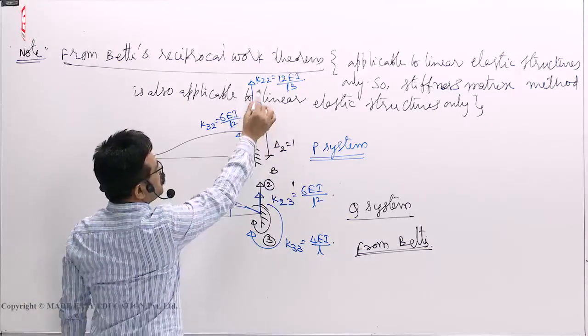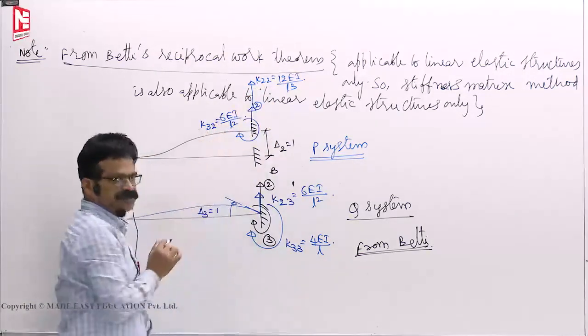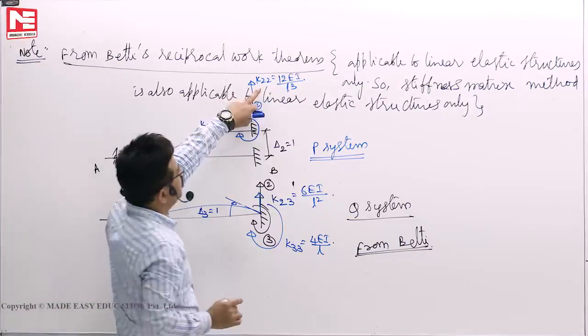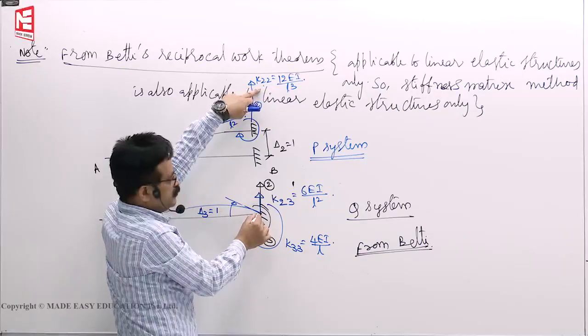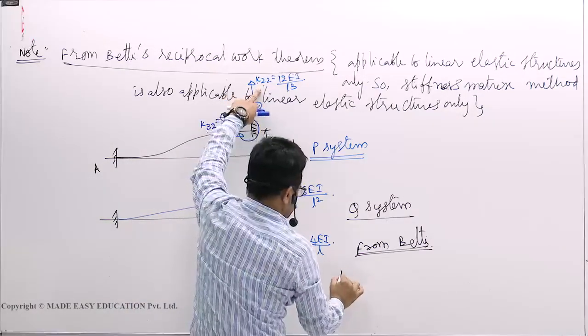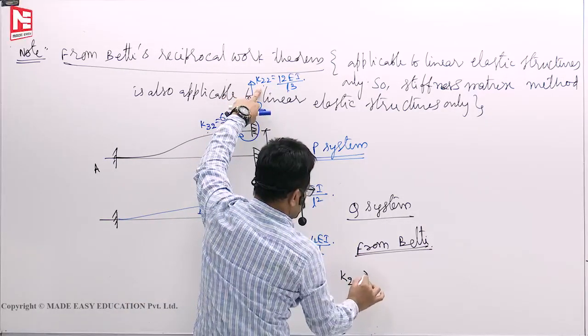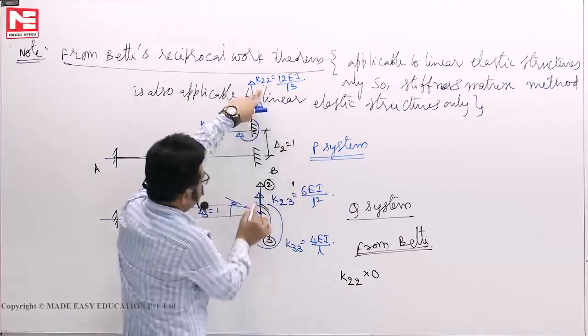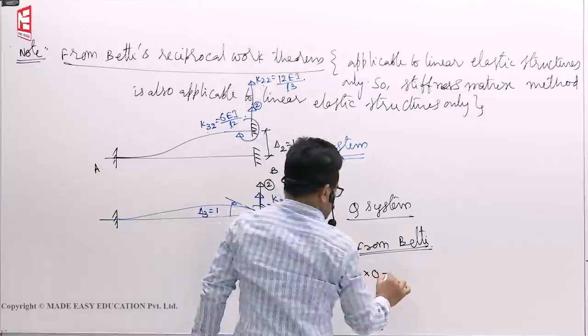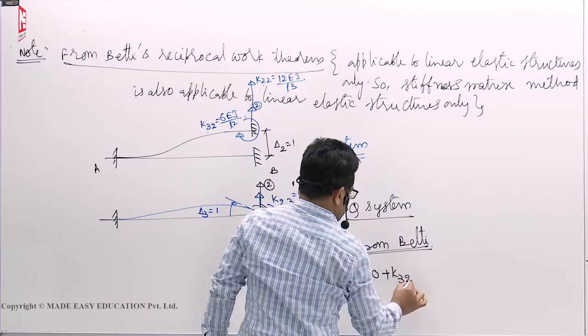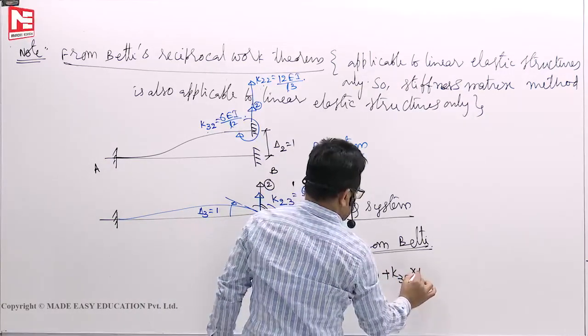Say 2, K22, K32. Let us see. Here K22 is there. What's the corresponding displacement here? 0. So K22 into 0, because 0 displacement is there. Here K32 plus K32 into delta 3.